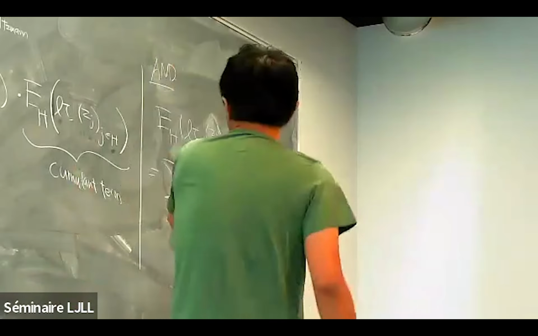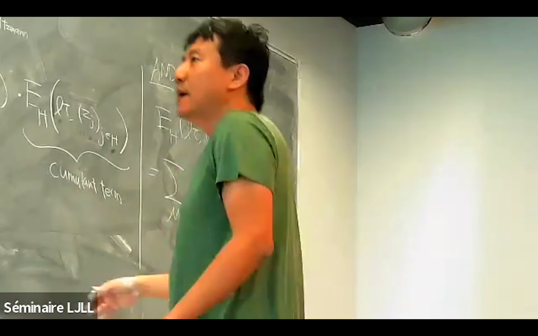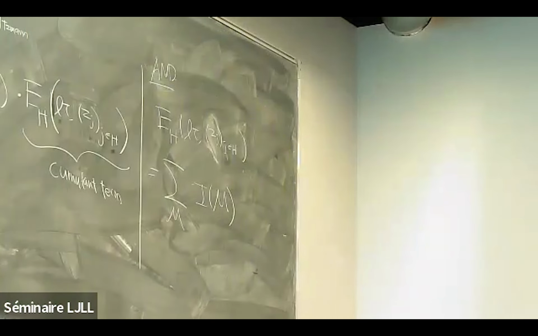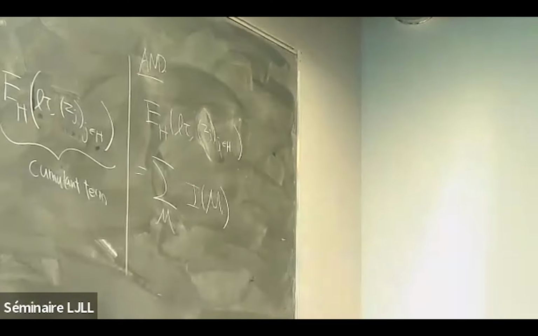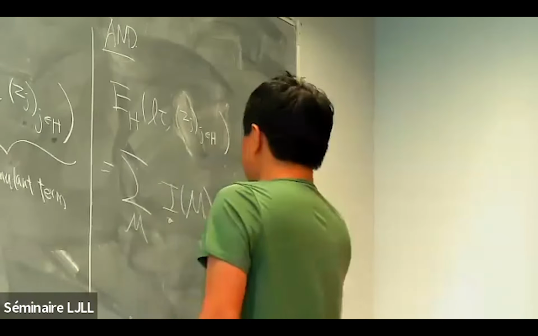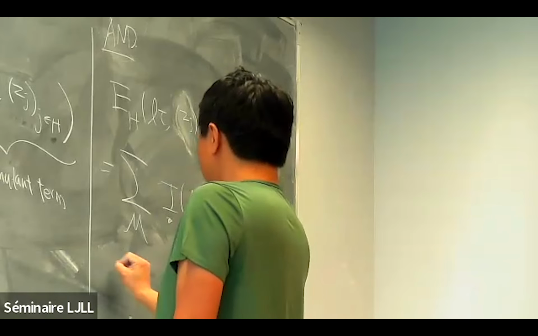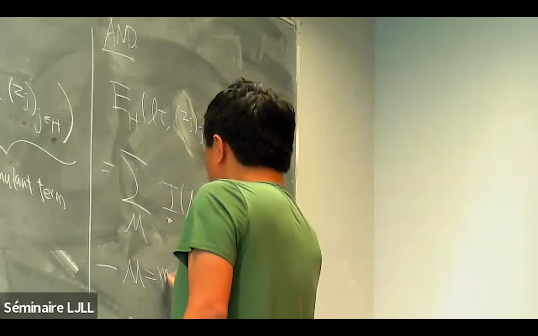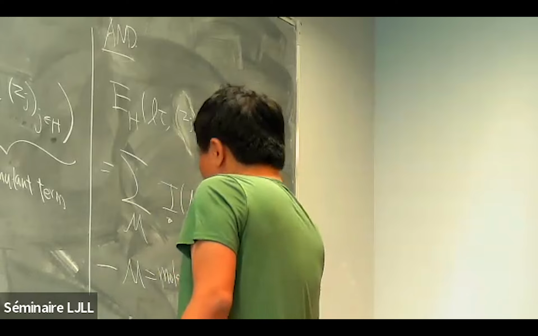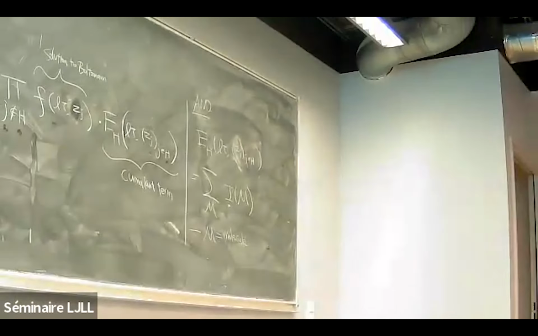Okay, so this M is an abstract molecule. In the case of two particles, it's something like this, and in the case of many particles, it's more complicated molecules. So M equals molecule. And since we are considering the cumulant at time tau, these molecules have a lower bound 0 and upper bound tau.